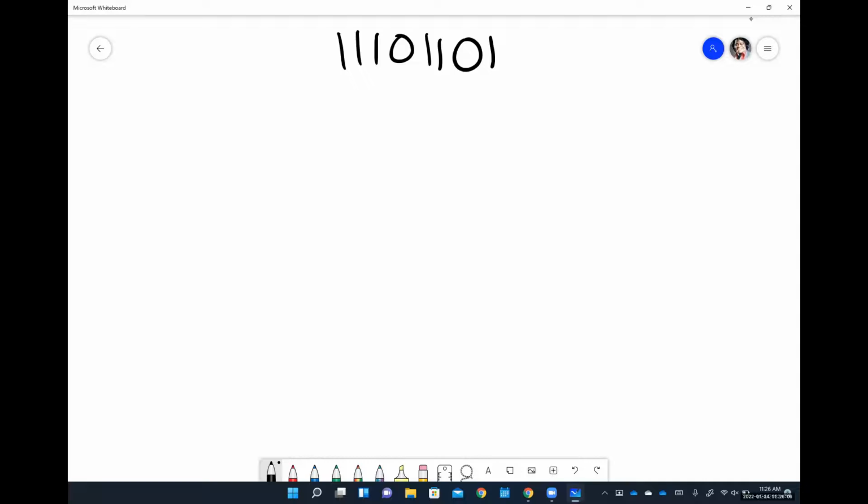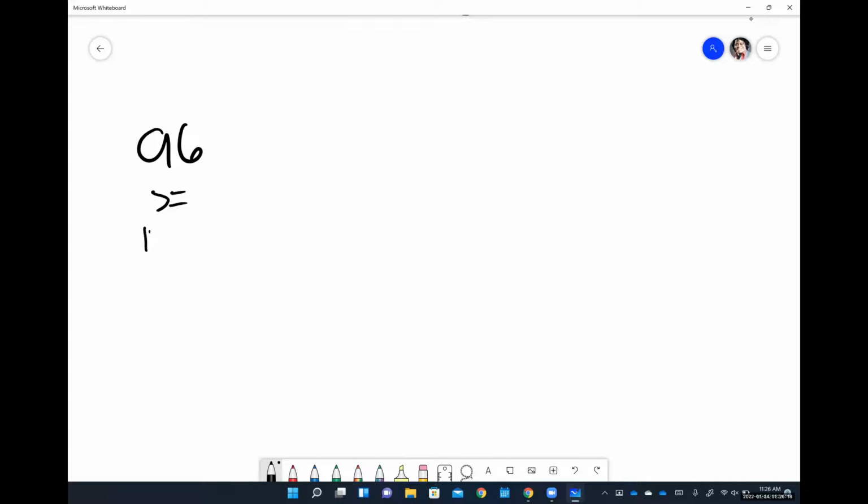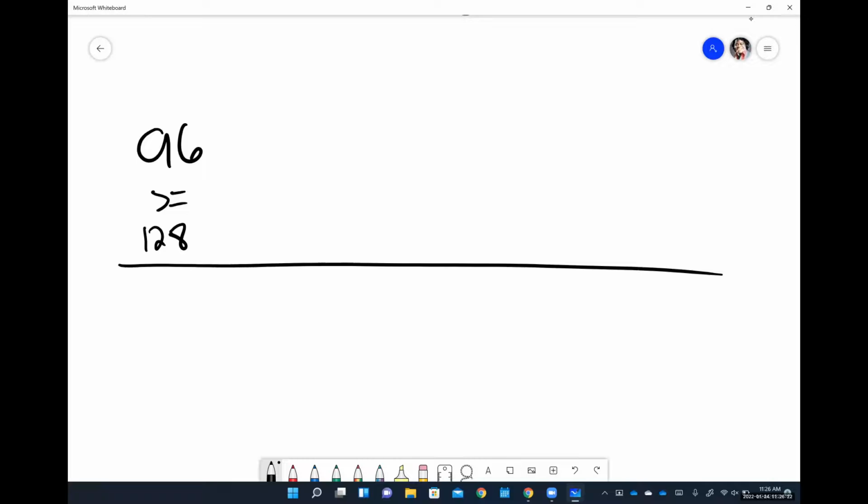Let's do 96. Is it greater than or equal to 128? No. So we pull 96 over. Greater than or equal to 64? That's a yes. Pull 1 down.